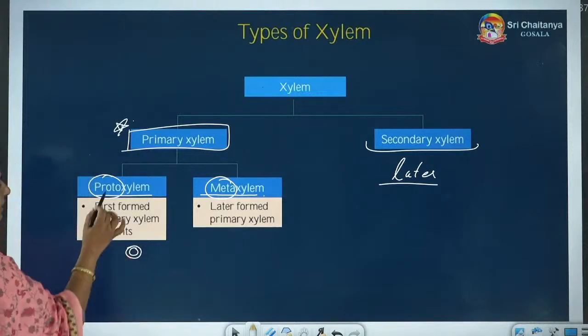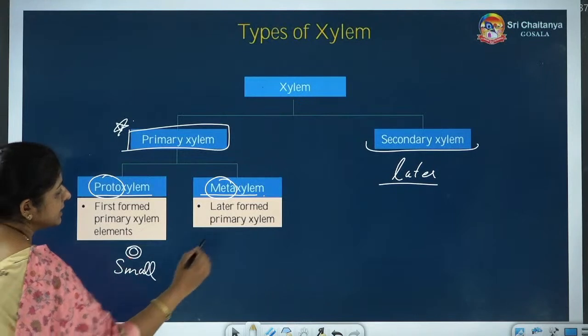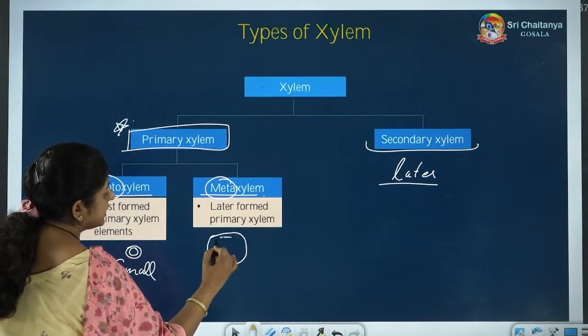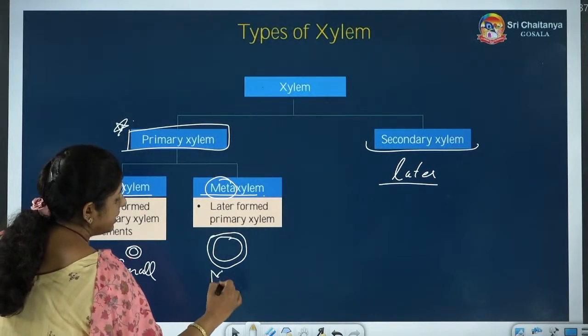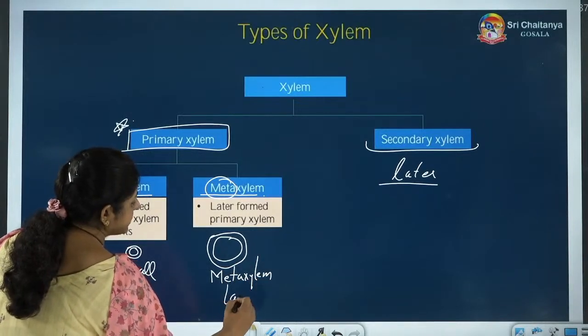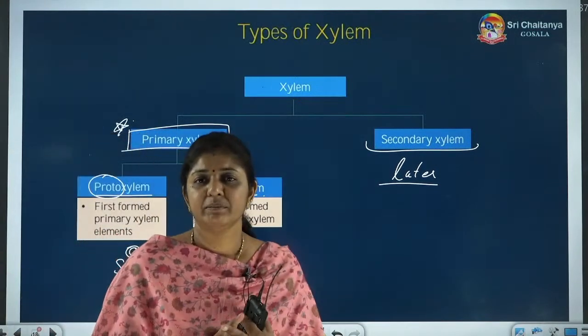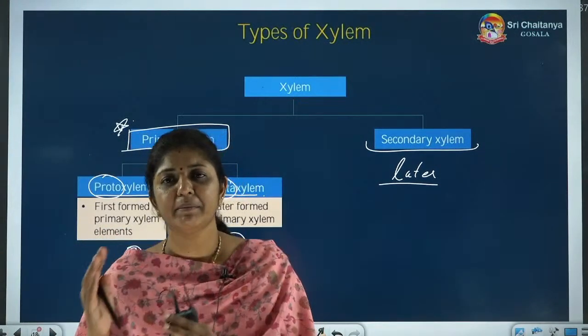Now here the protoxylem will be small in size. It will be small in size, but this will be larger in size, like this. This will be metaxylem, which will be larger in size. Are you getting that? I repeat, xylem are of two types, primary and secondary.